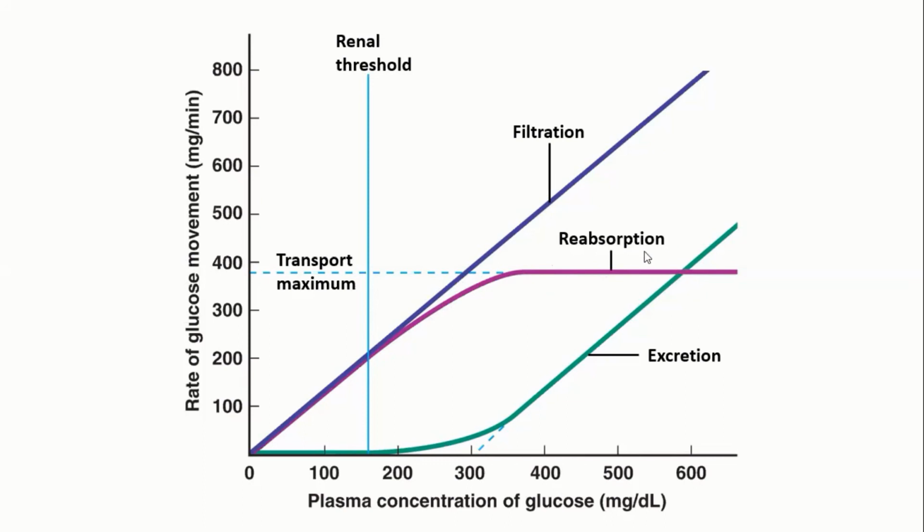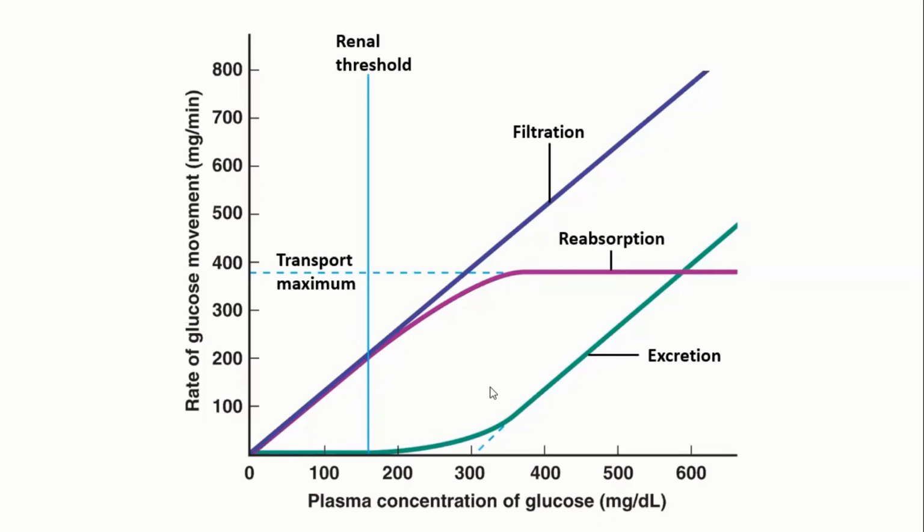Now we can compare that to the amount of glucose that we'll see in the urine. If we increase glucose in your blood, for a long time you're still not going to see any glucose in the urine, right? Because all of that glucose is getting reabsorbed. 100% of the glucose should be reabsorbed under normal conditions because we want to use that glucose.